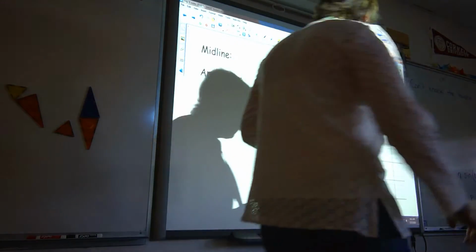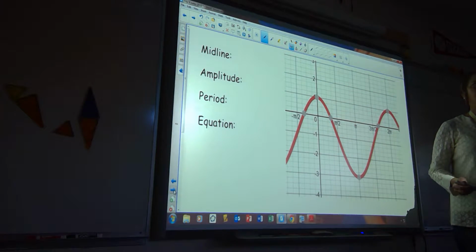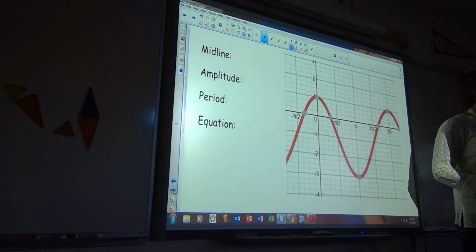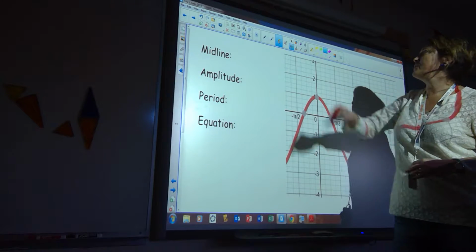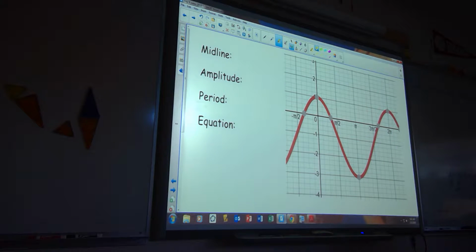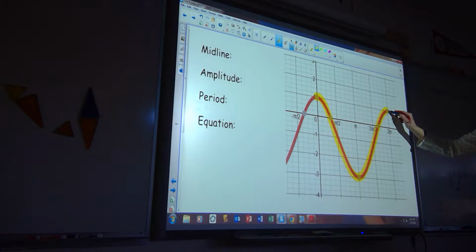All right. So what do you see that's changed here? Mallory? Is it tighter? Okay. So how would we figure that out? Let's find max to min back to max. Does it fit? What space does it fit in? It still fits in 2 pi. So this does still fit in 2 pi. So what else?